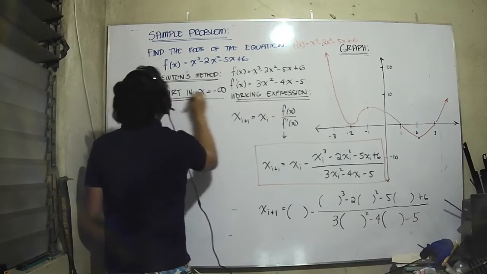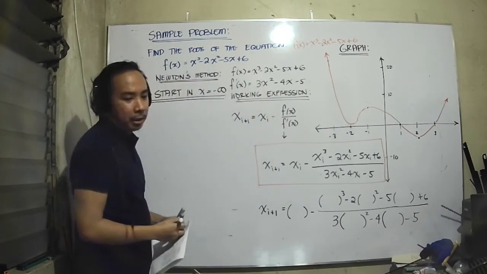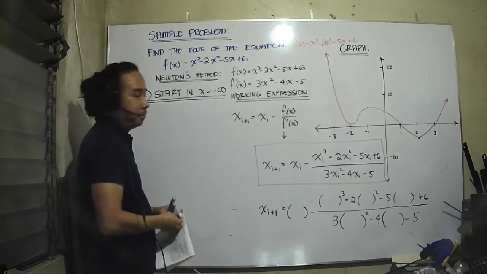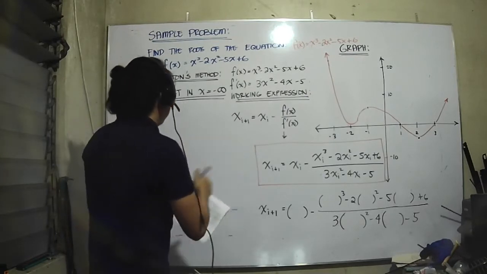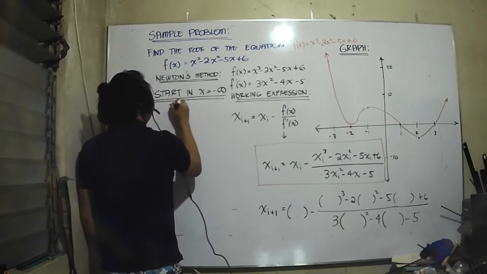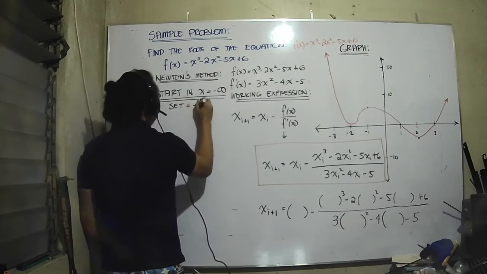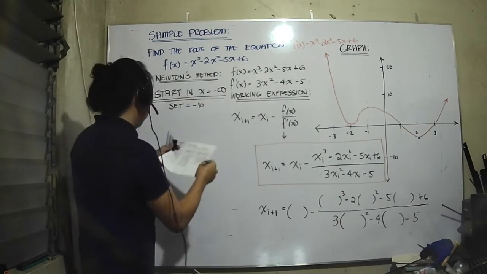When you say negative infinity, you can just choose any arbitrary negative number, so you don't need to be picky here. I'll just set the start at negative 10.